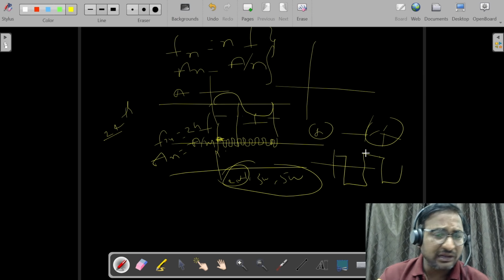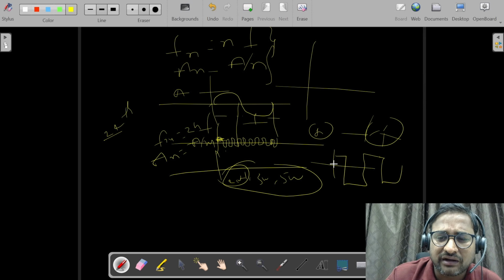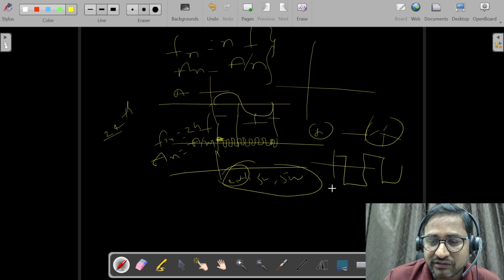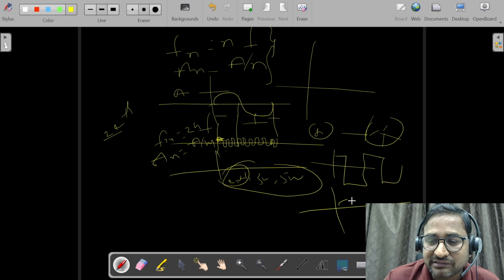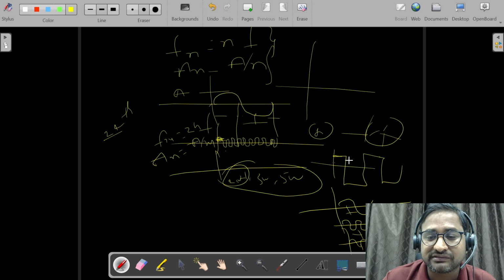According to Fourier, a square wave is a combination of sinusoids, for example sine 3 omega t, sine 5 omega t, sine 7 omega t. If you club all these voltage signals, finally we will get a square wave in this way.